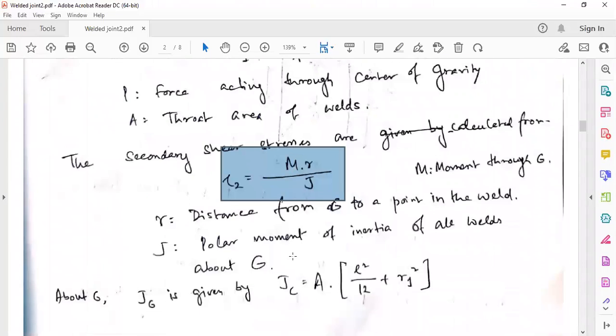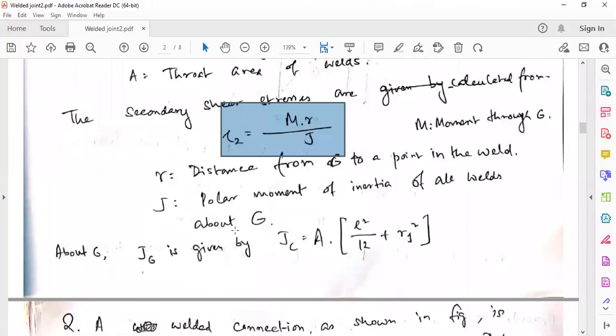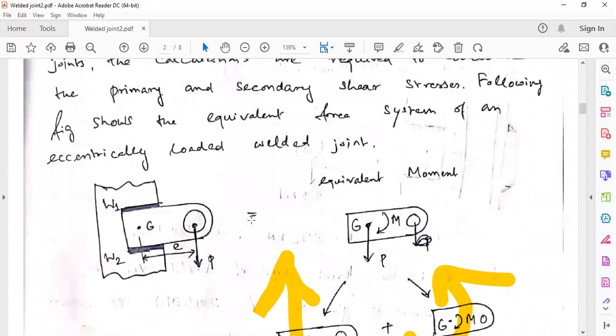Here, this plane, I mean the side into the board, is the x-axis, and perpendicular to that is the y-axis. So the axis about which it is rotating is the z-axis.